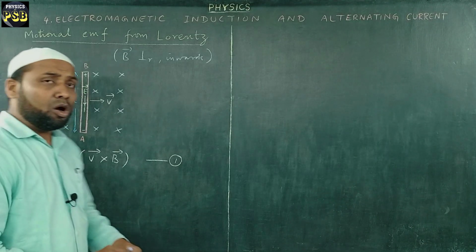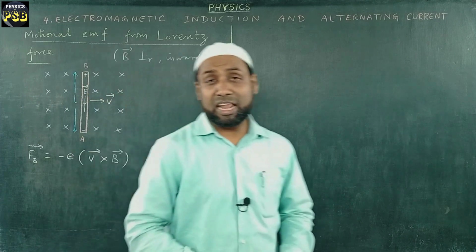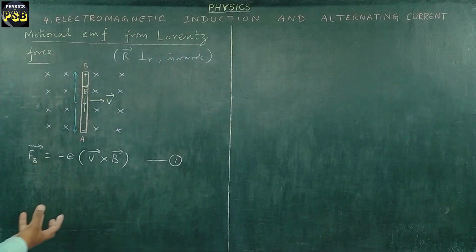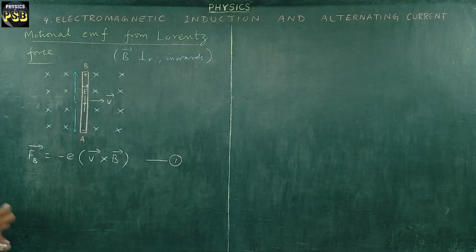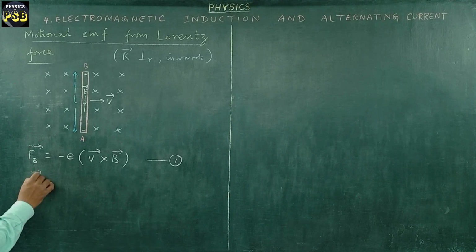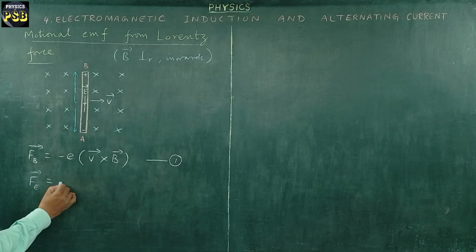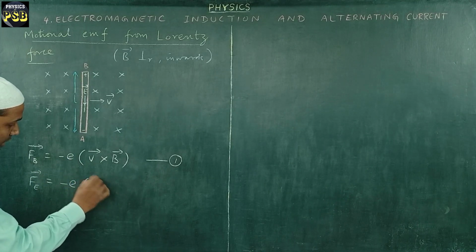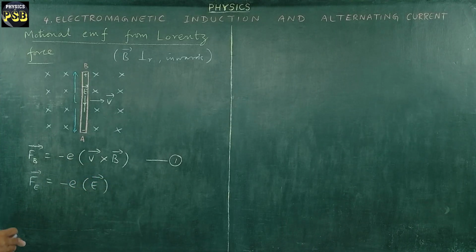Now, along with the magnetic field, the electric field also acts on these free electrons. So these free electrons experience an electric force, which is represented as F_e vector, and is equal to the product of the charge of the electron and the electric field, that is, E vector.